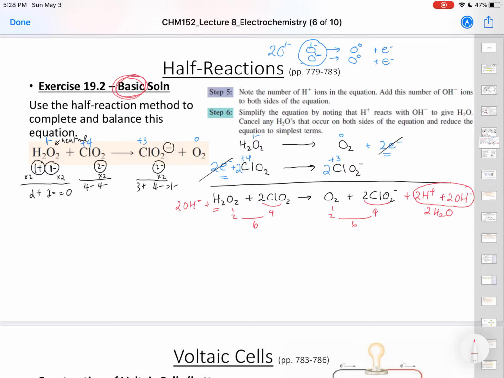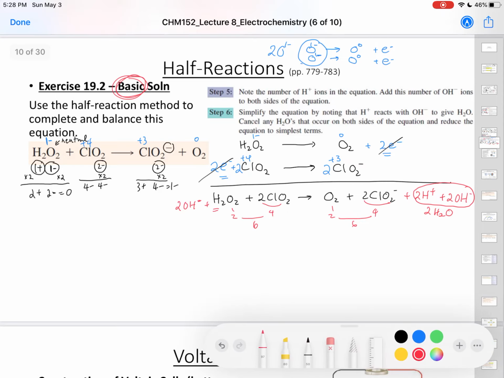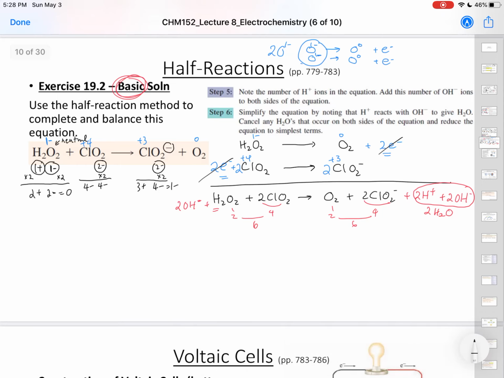So in this case, this is 2 water. So pretty much we're going to bring everything down and then we'll be done. So we've got our 2 OH minuses, our H2O2, our 2ClO2 gives us O2 plus 2ClO2- plus 2 water.